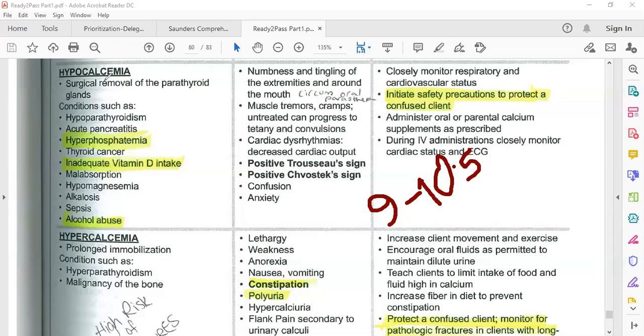What are the causes of hypocalcemia? The easy way to explain: the most common causes of hypocalcemia are diarrhea or vitamin D deficiency. Or some patients have hypoparathyroidism, an endocrine problem. These are causes of developing hypocalcemia.